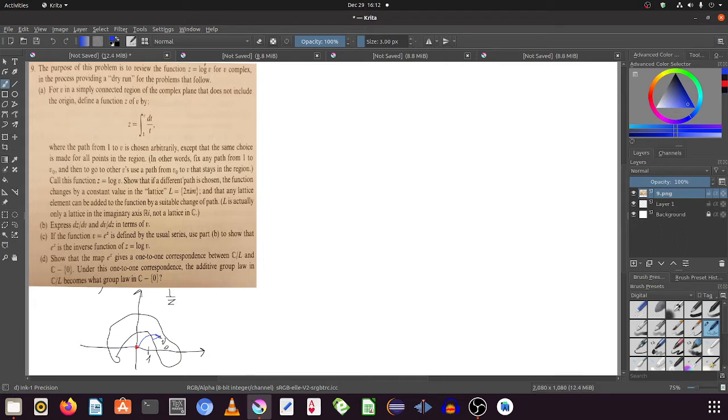And then we go to another, staying within that region. Show that for different paths, the function changes by a constant value in the lattice.